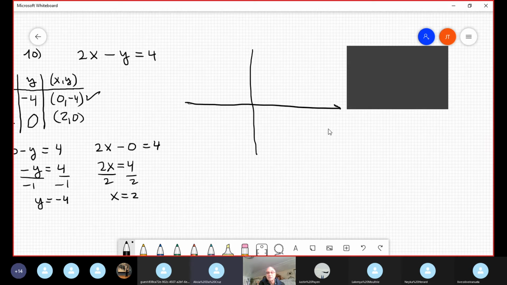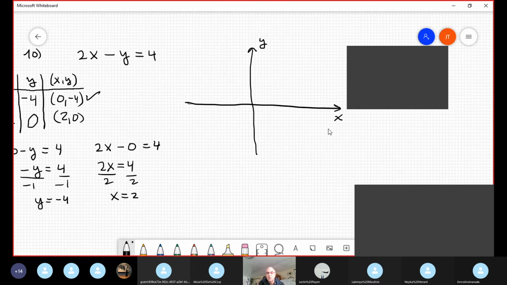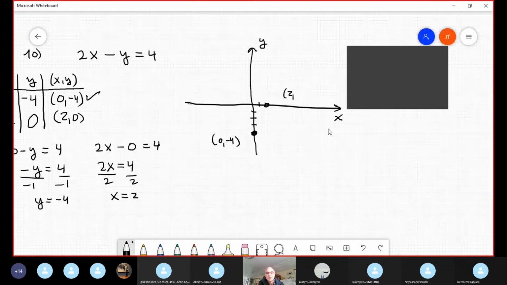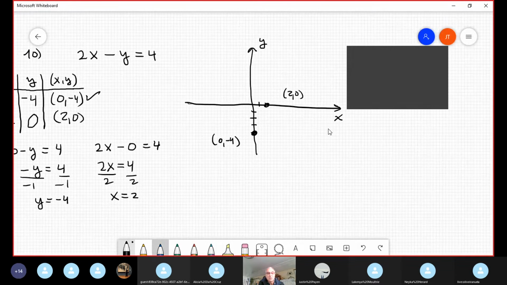Okay, this is X and Y. And you plot that point. 1, 2, 3, 4. This point is the point 0, -4. And this is 2 on the x-axis here, and now connecting. This is the graph. More clear now?